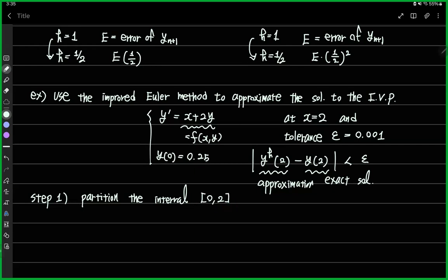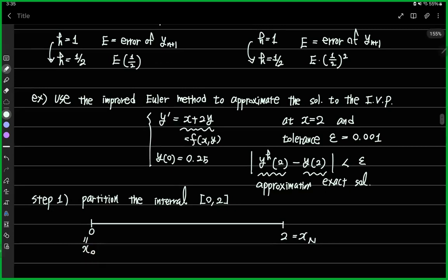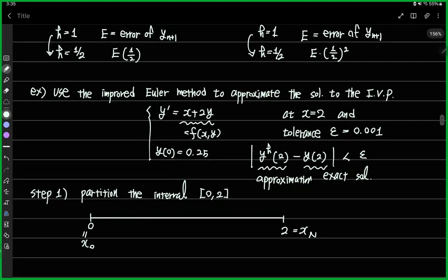Here's a 0, here's a 2. Let's say this is x sub 0. You can say x sub n plus 1, it doesn't matter.